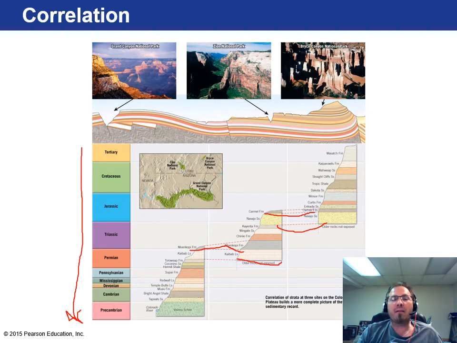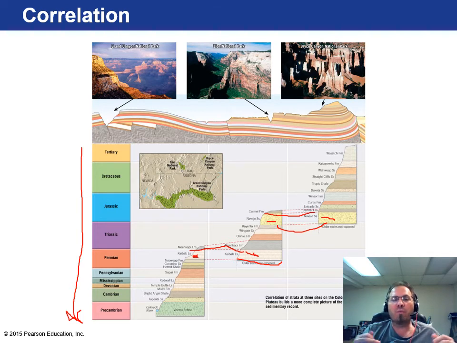And somebody at some point said, "Hey, this matches up with this, and this matches up with this." So at some point, they all had to have been connected, but then other geologic forces took place, maybe an inland sea or volcanoes or a lot of erosion, to where you don't have all of this in the same rock record. But at some point in time, they all do match up.